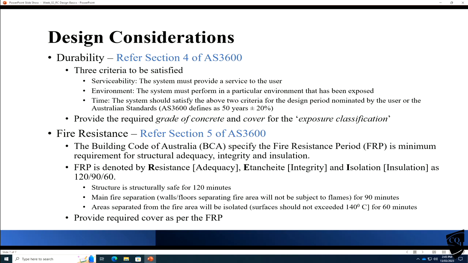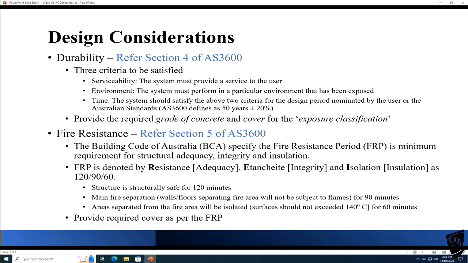Normally the FRP, the fire resistance periods, are given as 3 different numbers. In these slides I put 120, 90, 60. So normally they give 120/90/60, 3 different numbers. The last number talks about insulation.